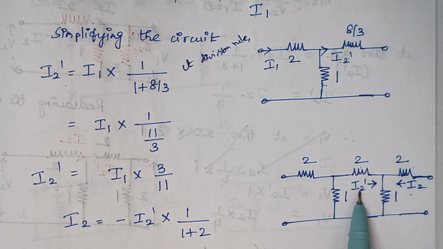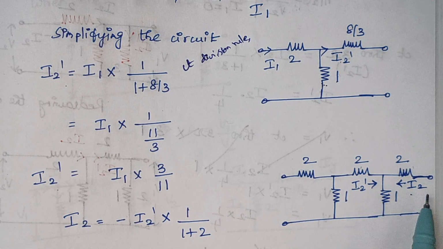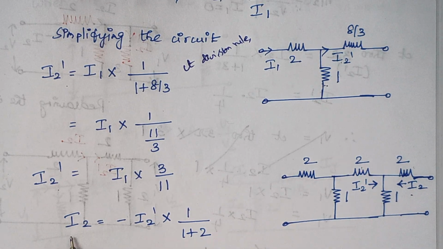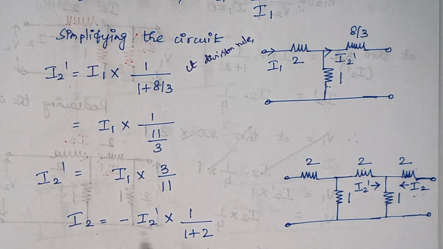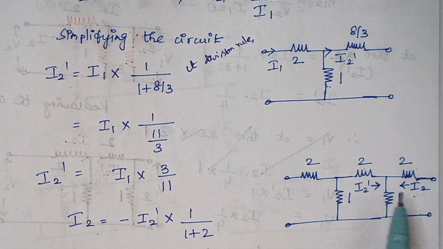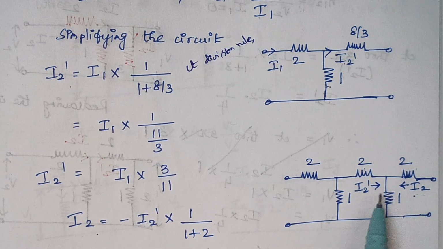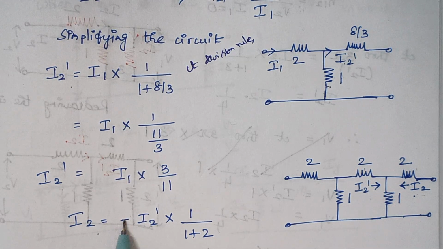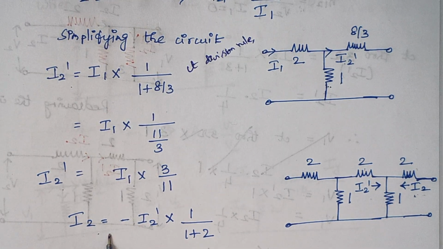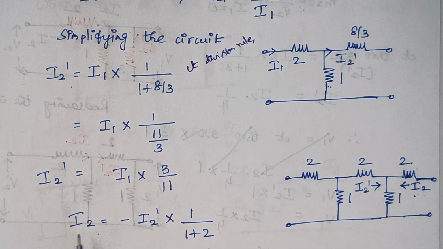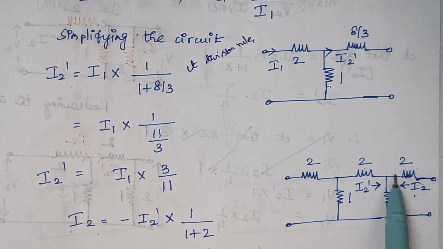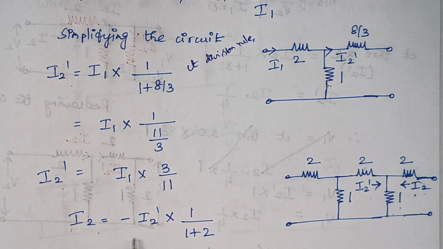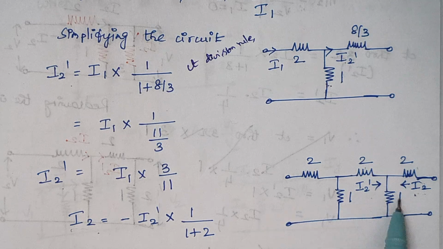Here the directions of I2 dash and I2 are opposite to each other, so there is a minus sign. I2 is equal to I2 dash into the resistor opposite to I2, which is 1, divided by the total resistance 1 plus 2, because this is the path where it travels. So I2 is equal to minus I2 dash into 1 by 1 plus 2.